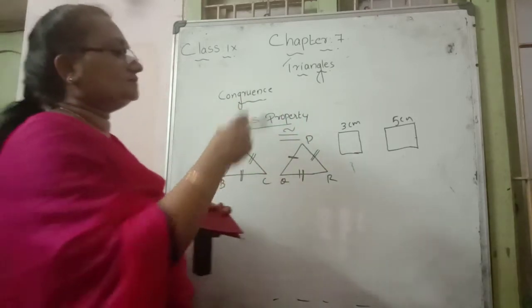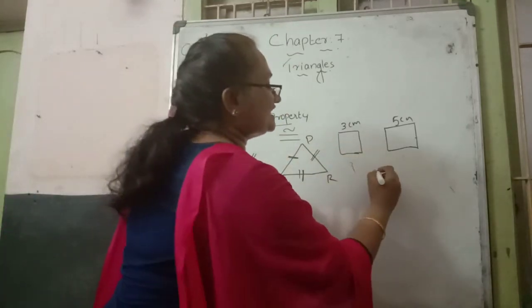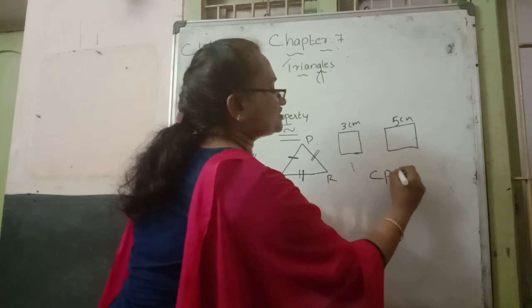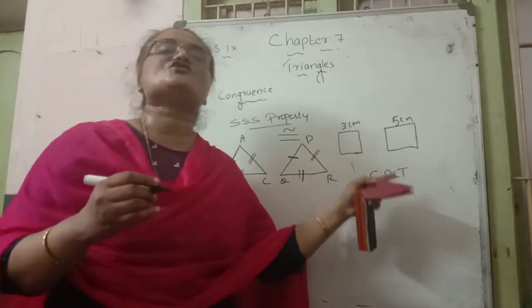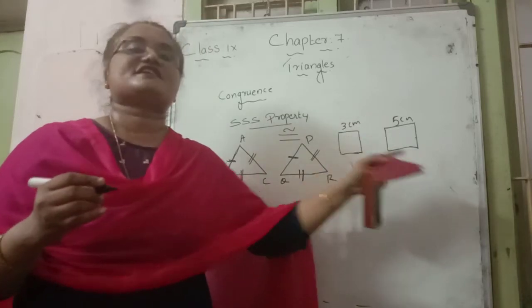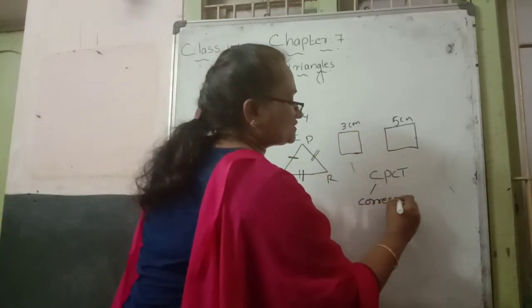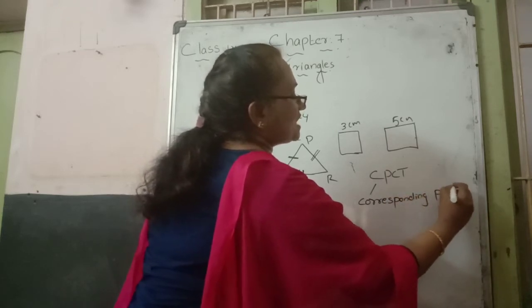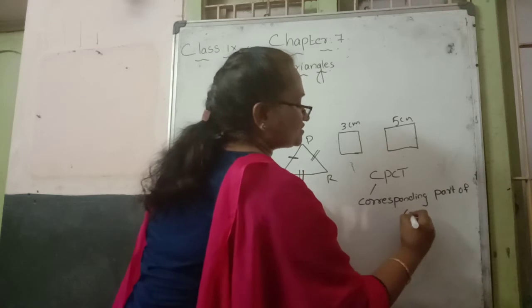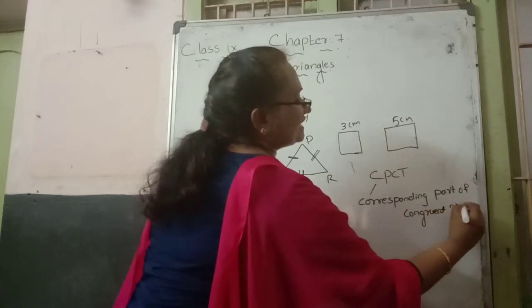Then, for proving, one more word we want to apply is CPCT. CPCT means corresponding parts of congruent triangles. C means corresponding, P means parts, C means congruent, T means triangles.